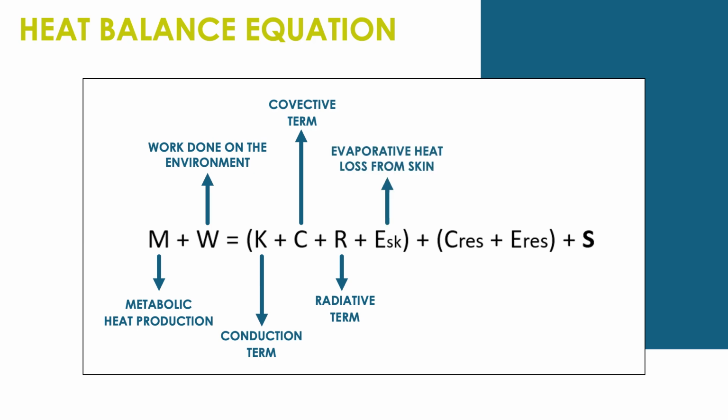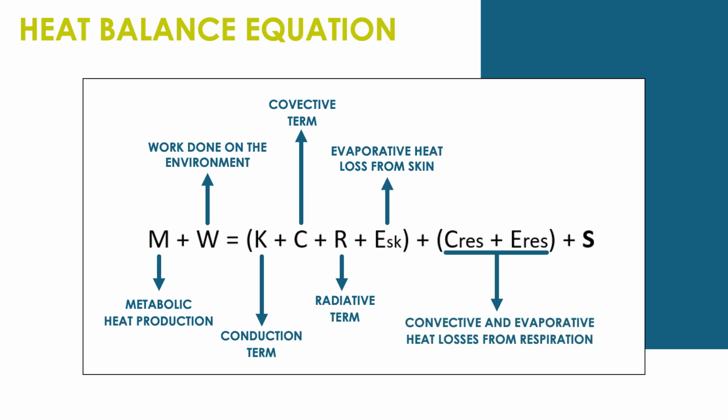E_SK is the evaporative heat loss from the skin, primarily through the evaporation of sweat from the skin. C_RES and E_RES are the convective and evaporative heat losses from respiration. And then we have the term S that represents the body heat storage. If S is positive, you are storing heat and getting warmer. If it is negative, you are losing heat and getting cooler.